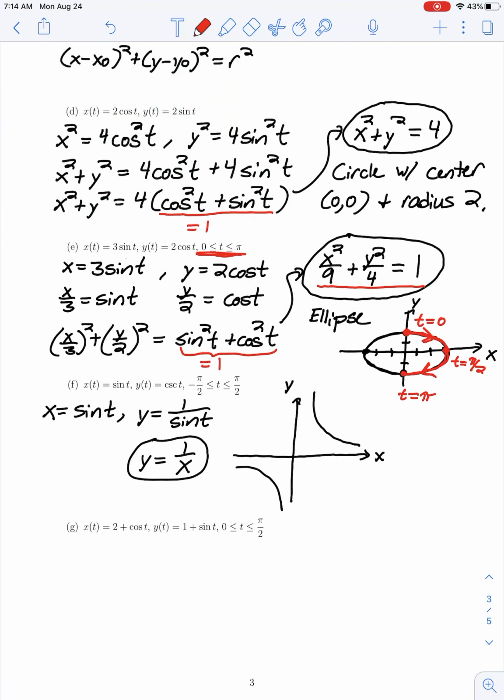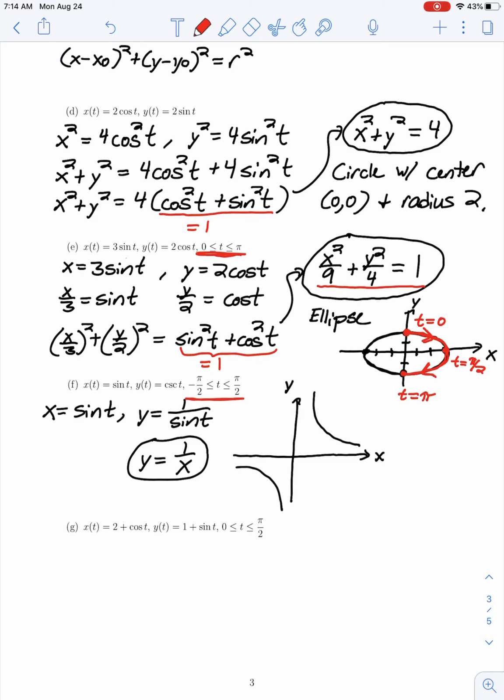But again, we see in part F that our values of t are restricted from negative pi over 2 to positive pi over 2. So let's think about what part of this hyperbola we're graphing.